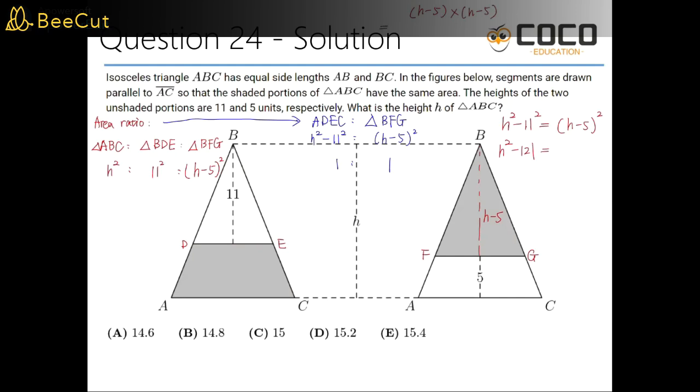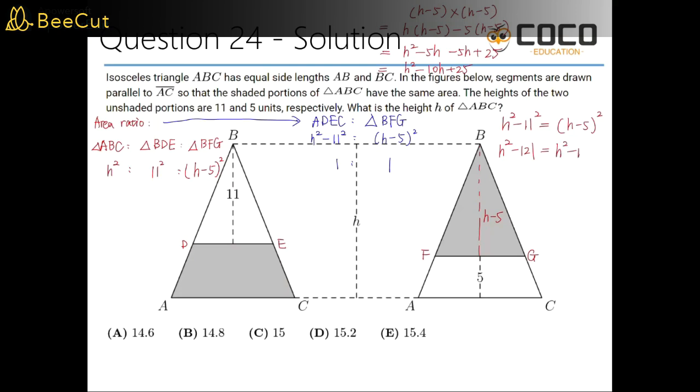You can open them one by one. First, you expand the first bracket. So you get h times the second bracket minus 5 times the second bracket. So that's h square minus 5h plus minus 5h plus 5 times 5, which is 25. So simplify it, this is h square minus 10h plus 25.